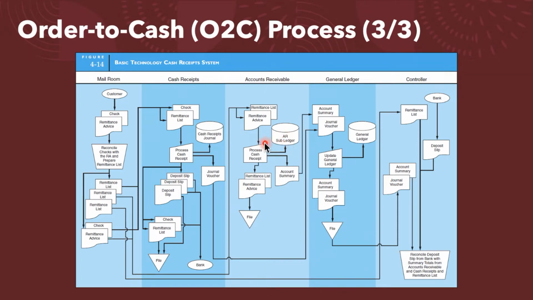So remember, this is a reference file and this is a master file, that they should update this master file. Okay, and once they have updated this master file, these documents will be filed in their department for audit trail. Okay? So at the end of the day, batch processing, they will create what we call the account summary.